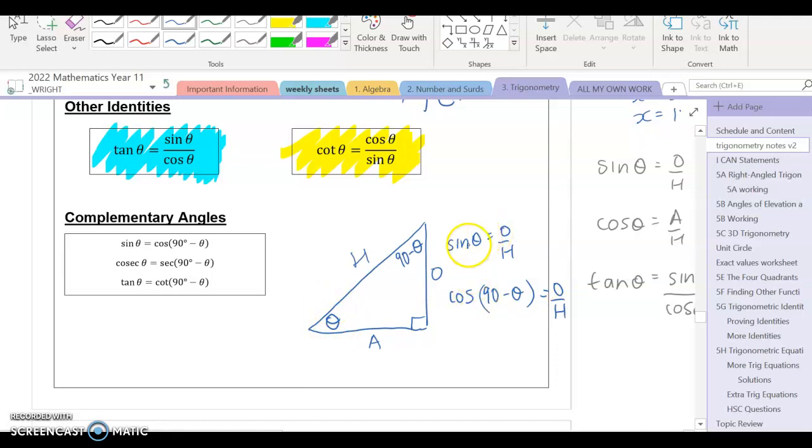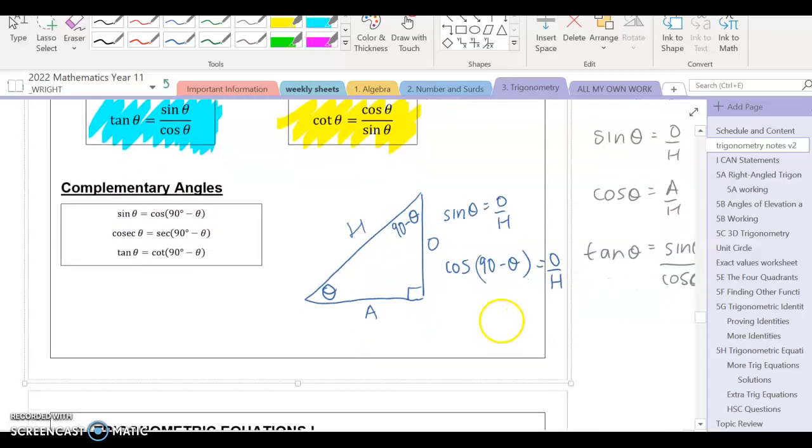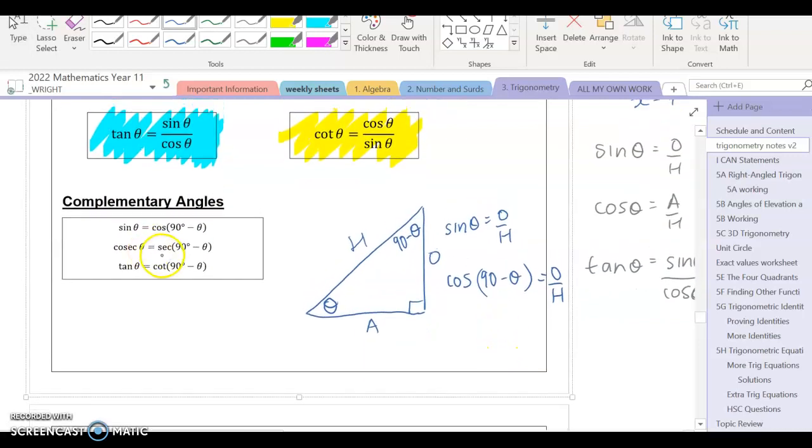So what we actually find is that sine of theta and cos of 90 minus theta are the same if we're basing our opposite, adjacent and hypotenuse off that first theta. And that's where our first rule comes from. You probably haven't really thought about it, but we've actually been using it based on the angle sum of a triangle for quite some time. The same would apply for cosec theta is sec of 90 minus theta, and tan of theta is cot of 90 minus theta. These may come in handy occasionally in order to work out some answers a little bit quickly.